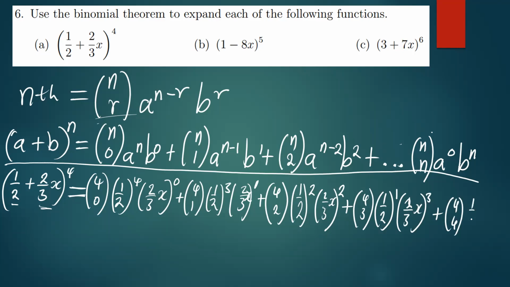And then we have half to the power 0, because we know that 4 minus 4 will give us 0. And then we have 2 over 3x raised to the power 4.